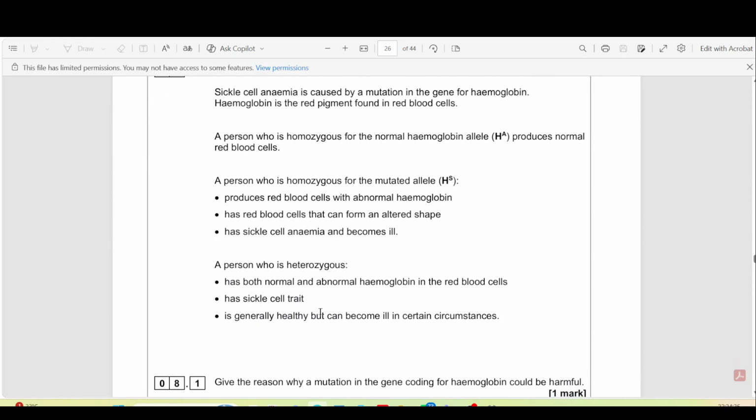It reduces oxygen transport and causes blood flow blockage.